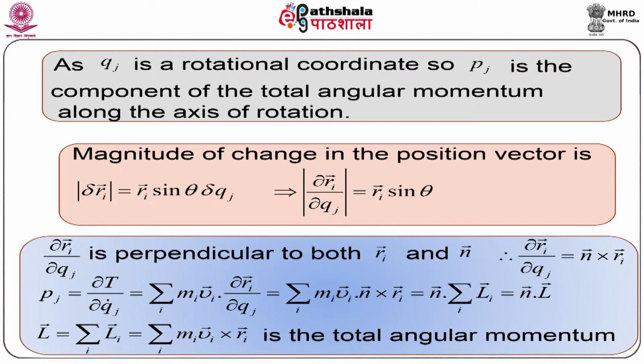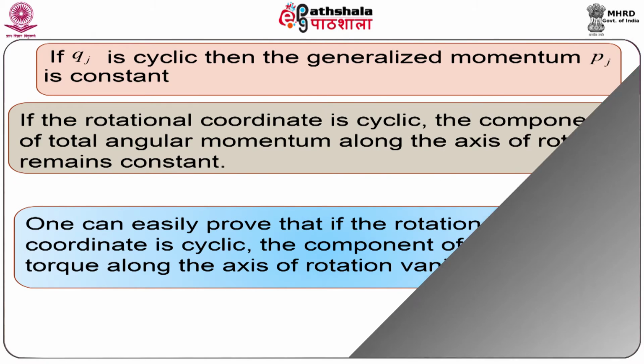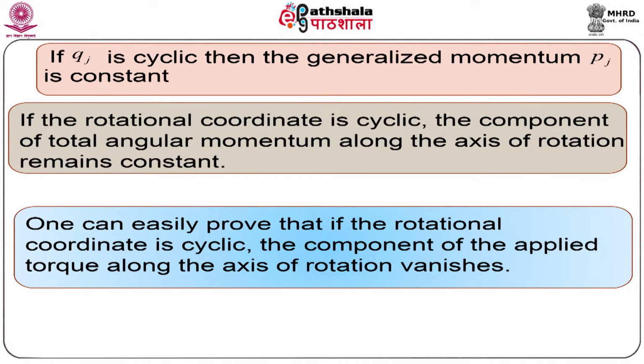It is known that if Qj is cyclic, then the generalized momentum Pj is constant. Hence, one can conclude that if the rotational coordinate is cyclic, the component of total angular momentum along the axis of rotation remains constant.